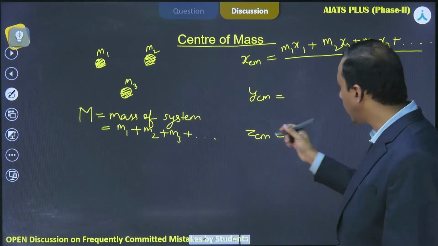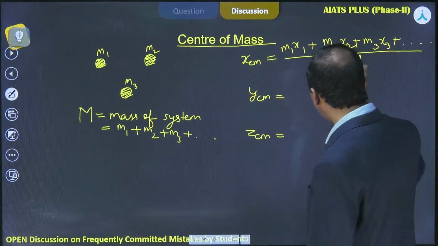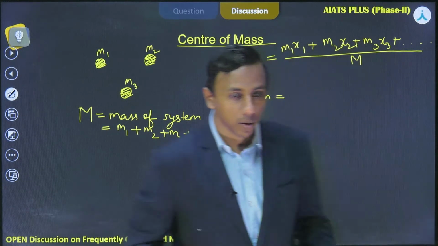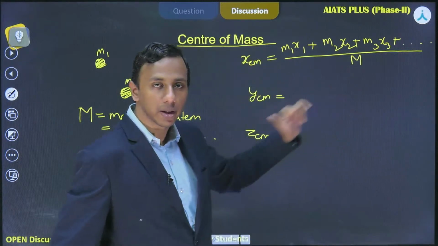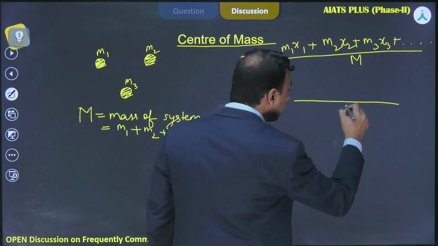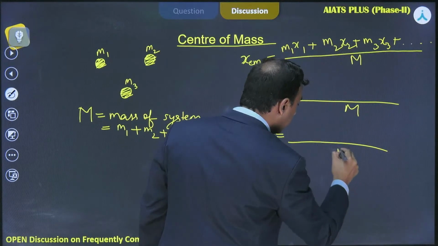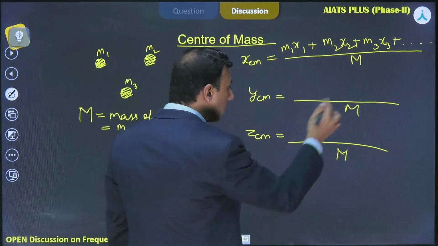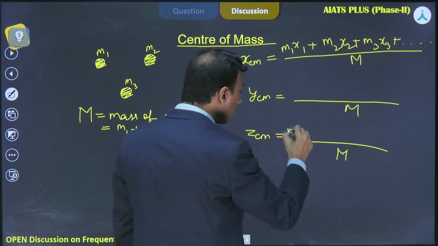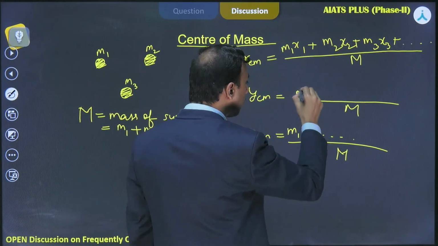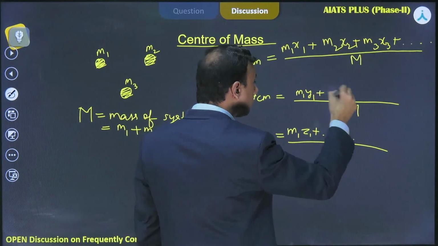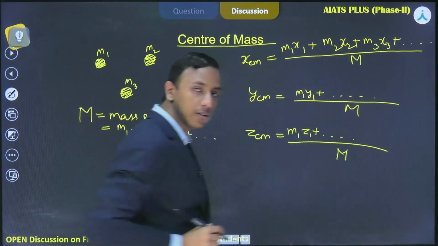You repeat the same thing for YCM and ZCM also. Repeat the exact same formula, right? YCM would become M1 Y1 plus M2 Y2 so on by capital M. Okay, in both these cases it will be division by capital M. Here also M1 Z1 so on.